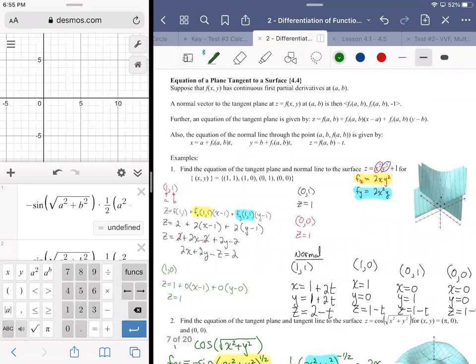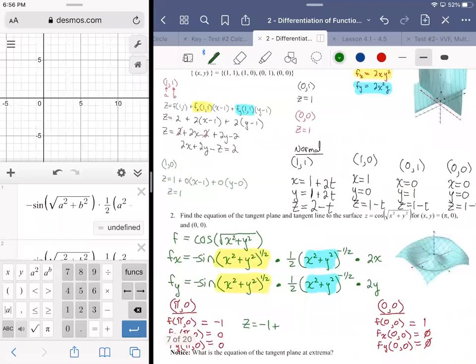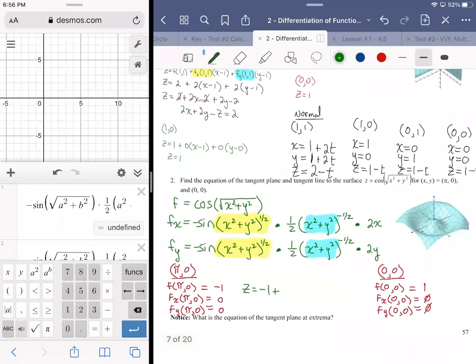It's the derivatives, which are both 0, times x minus a, y minus b, respectively. So in this case, it's going to be plus 0 plus 0. So z equals -1. It's a horizontal plane. So that's not too bad.